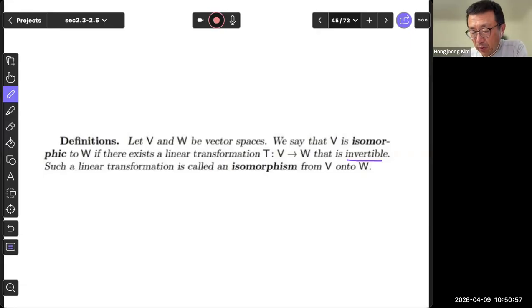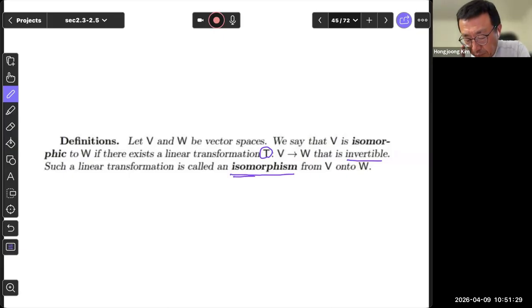Anyway, if such an invertible T exists between V and W, then we say V is isomorphic to W. And that specific invertible transformation T will be called an isomorphism. So an isomorphism is an invertible linear transformation.